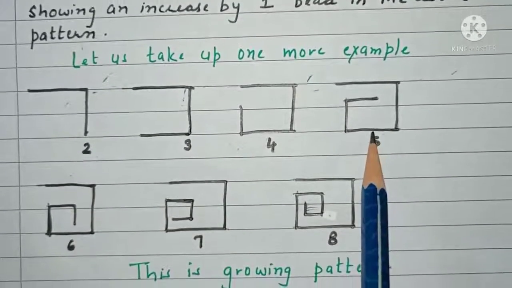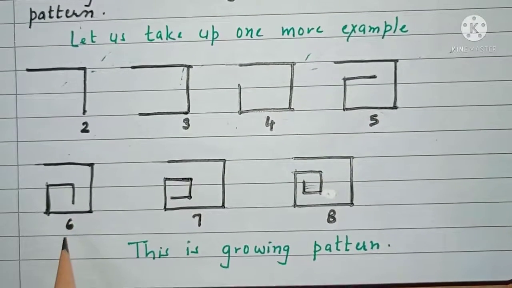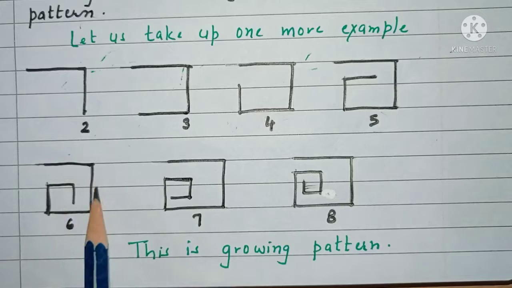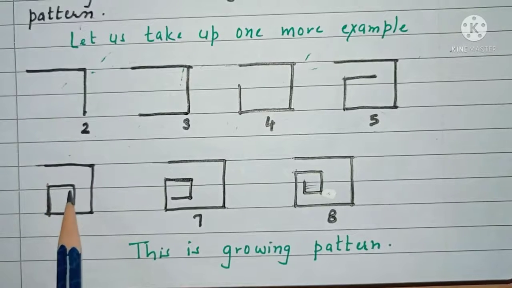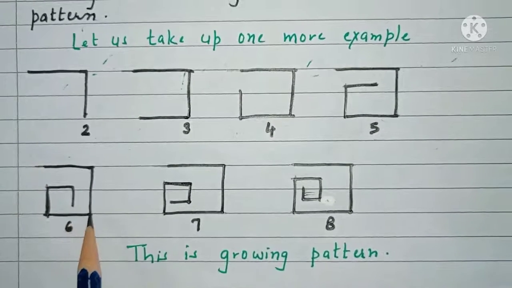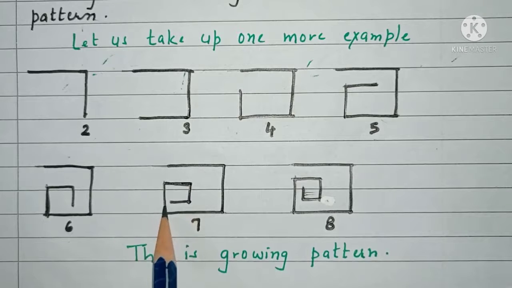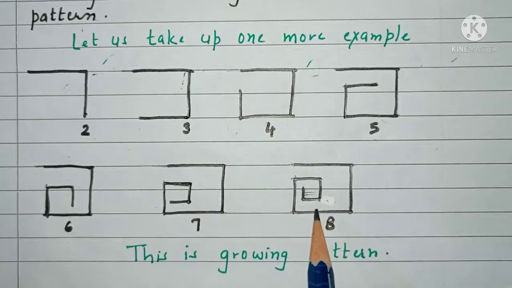In the increasing pattern, there are 6 now. After 6, we'll be having one more line added. That is 7. Okay. And after 7, we'll be having one more line added. That is 8. So, children, this type of pattern is known as growing pattern, which is showing an increase by 1.